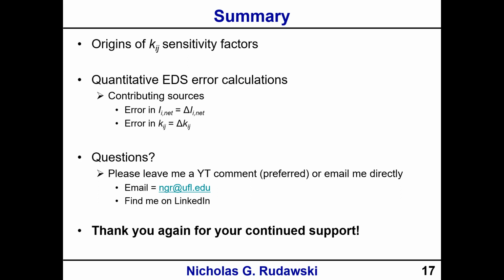So we have the two sources of error: the error related to the counts, the net counts, okay? And we have the error in the sensitivity factors, okay? So those are the two sources of error. And depending on how we do the measurements, if we're doing an experimental versus theoretical approach, our delta Kij is going to be different in both of those scenarios, okay?